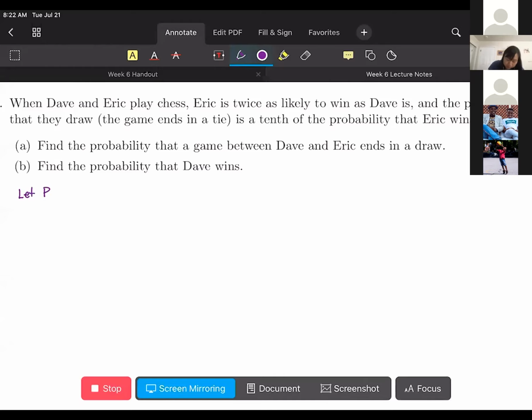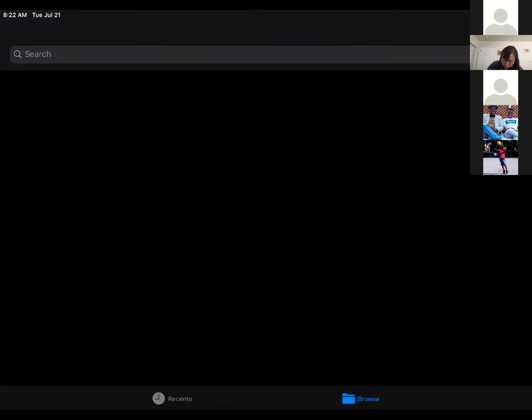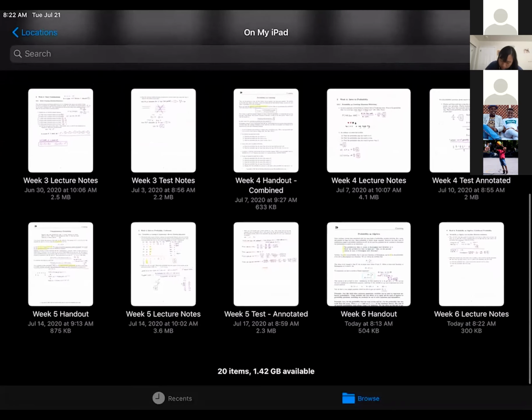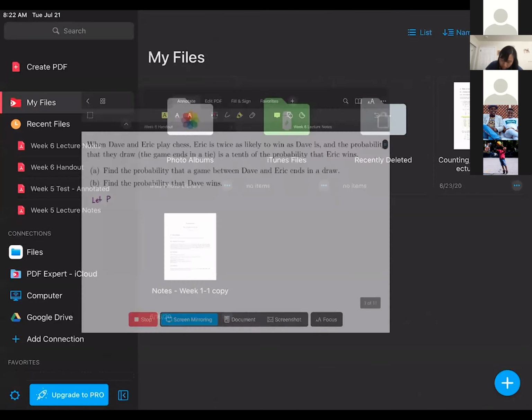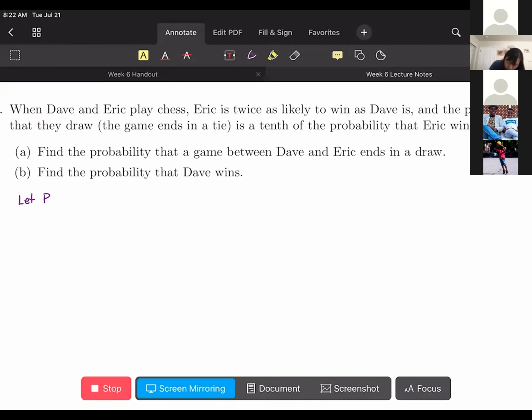E is Eric, and since he's twice as likely to win as Dave, I wrote it down as E equals 2D. And then there's the draw option, which is 1/10 the chance that Eric would win. So we could say T, which is tie, equals 1/10 E.